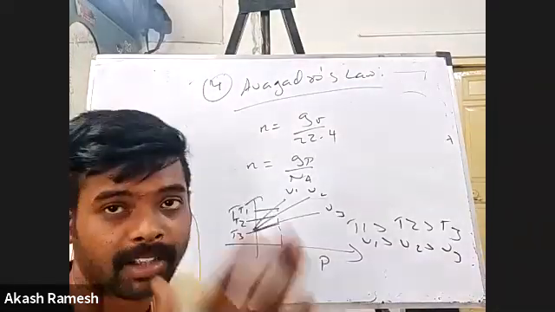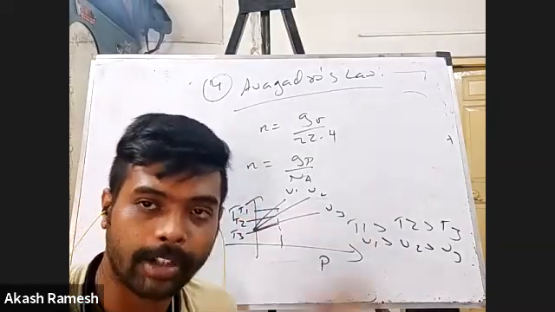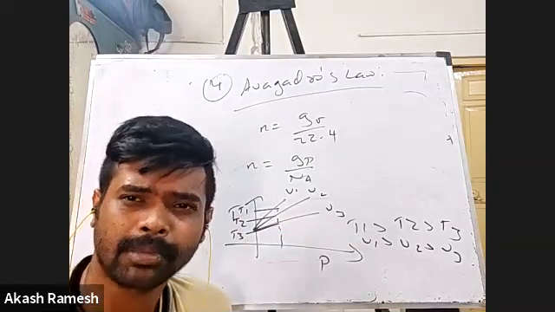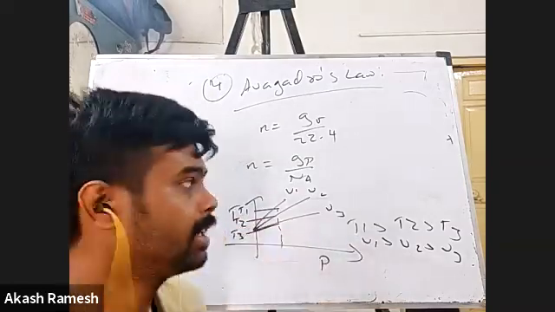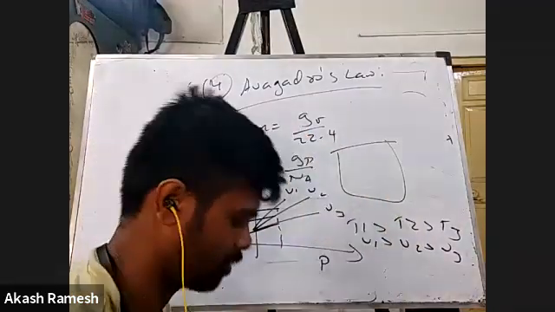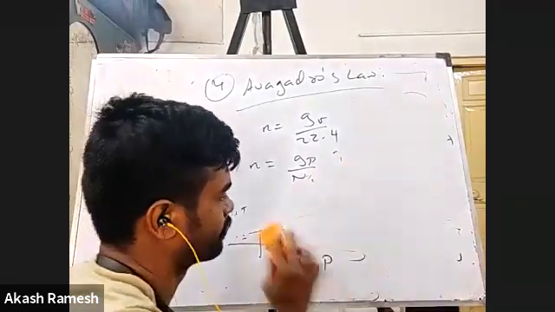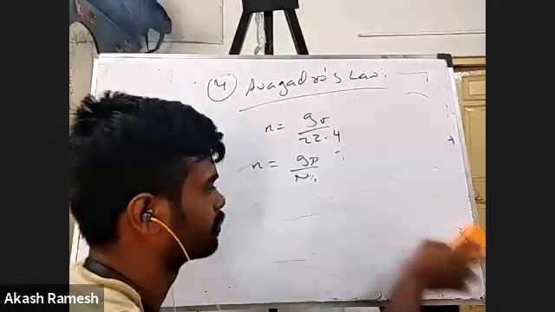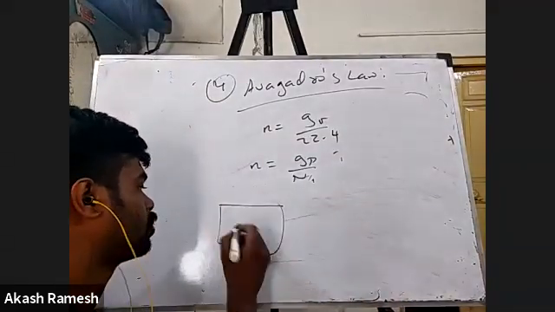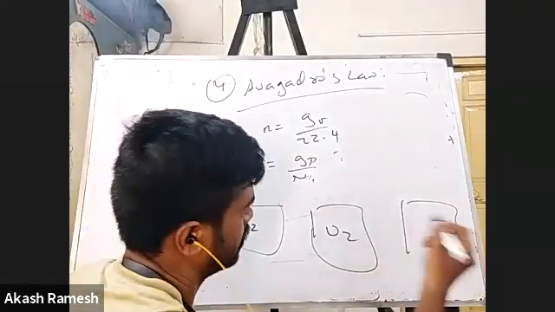So if you look at Avogadro's law, what it says is that at constant pressure and temperature, same volume, let me draw a new diagram. Say I have H2 gas, O2 gas, and N2 gas.